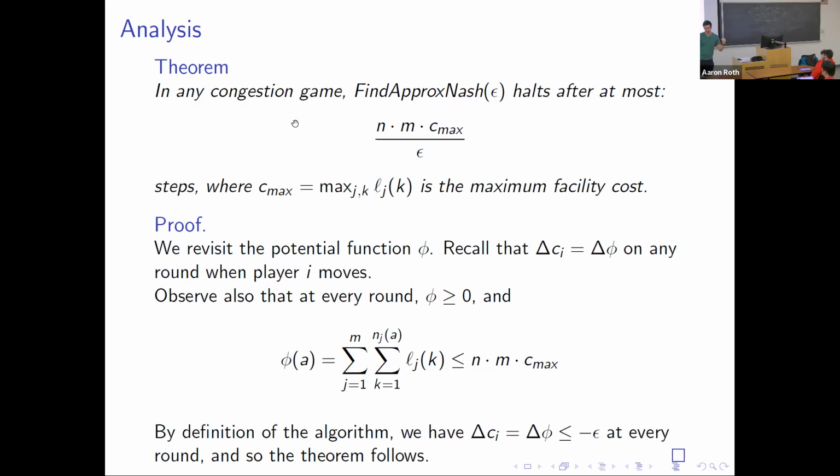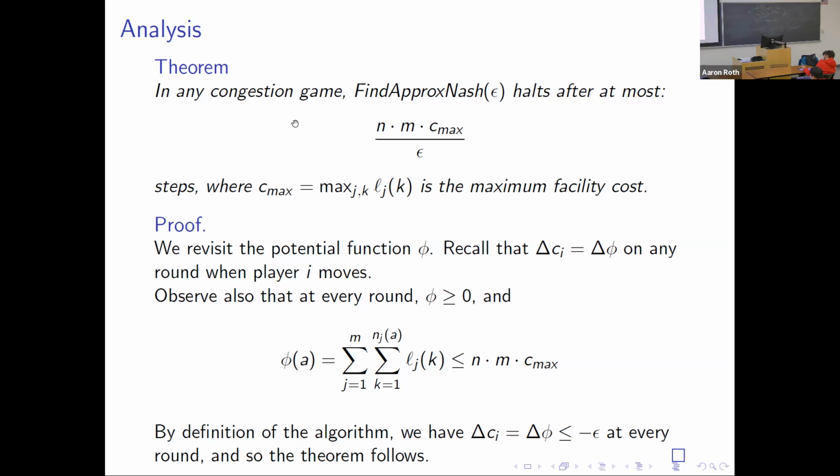So we start at this number, at every round we decrease it by at least epsilon, and we can't get below 0. So how long can this go on for? Well, if it goes on for more than n times m times C max over epsilon many rounds, we'd have a contradiction. We'd have gotten to something below 0. And so the theorem follows.